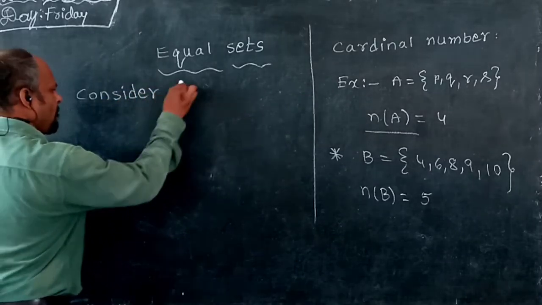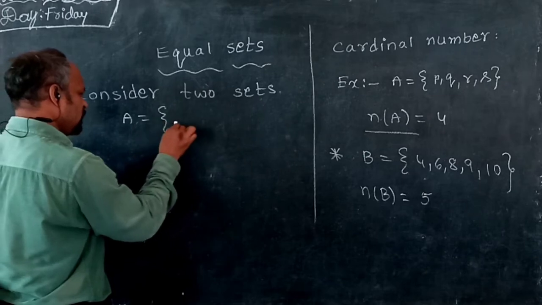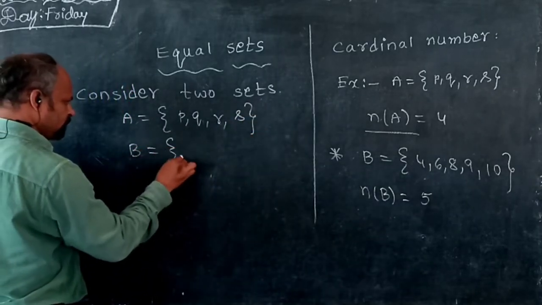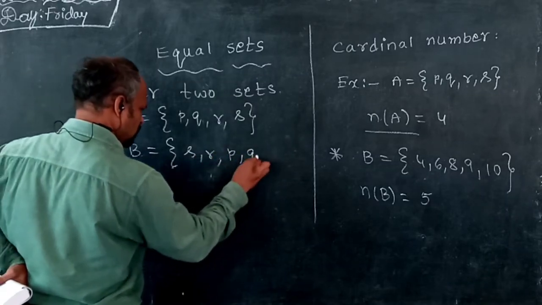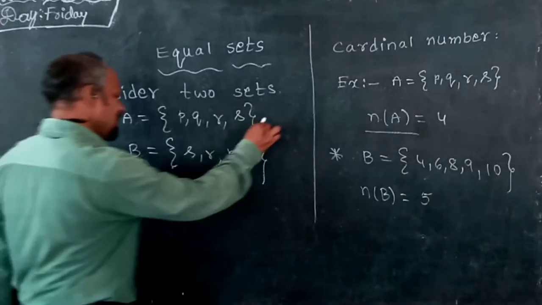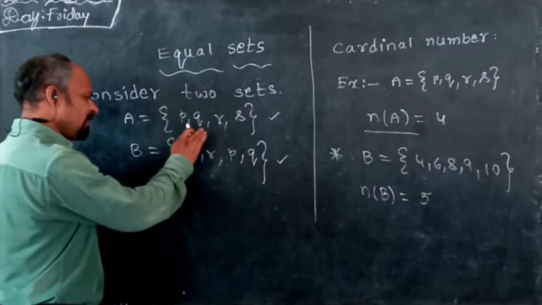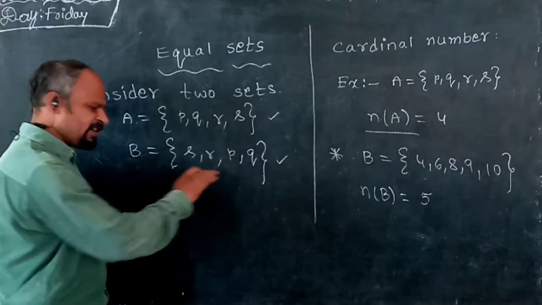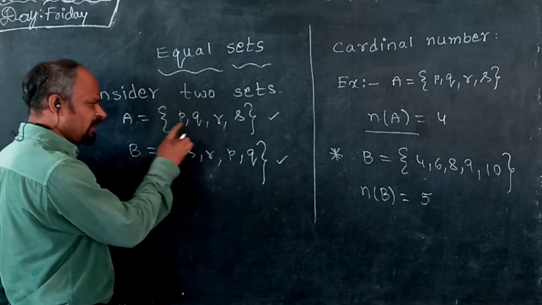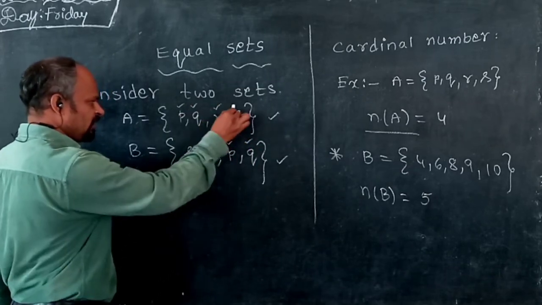A is equal to {P, Q, R, S}, and B is equal to {S, R, P, Q}. Now let us see the elements present in set A as well as the elements present in set B. What we observe is that every element in A is an element in B. P is present here, Q is present here, R is present here, S is present here.